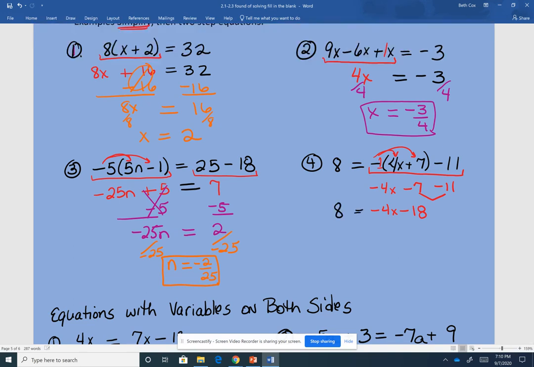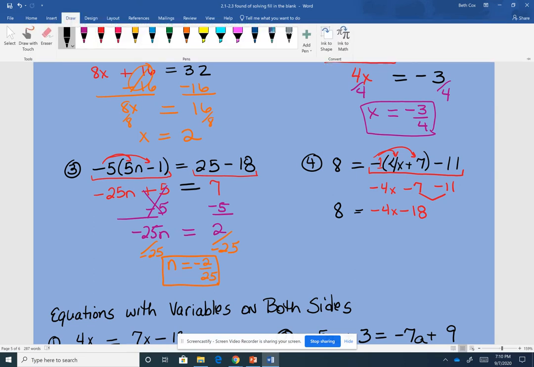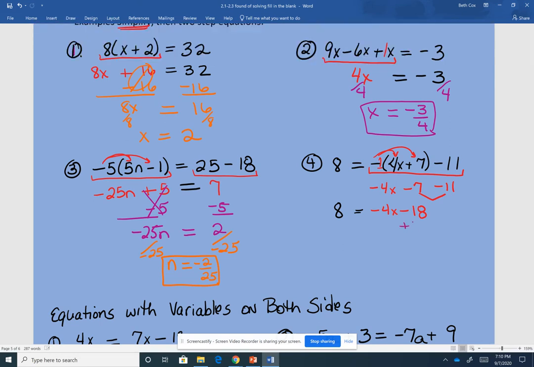Notice in each one of these problems I did color coordinate. The simplify is all in red. I did that intentionally. Okay, now I'm going to solve. I used other colors to solve. I used purple and orange to solve. Okay, so I'm going to add 18 to both sides. That's gone.